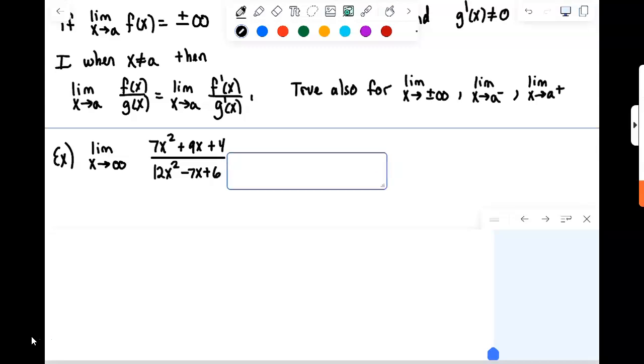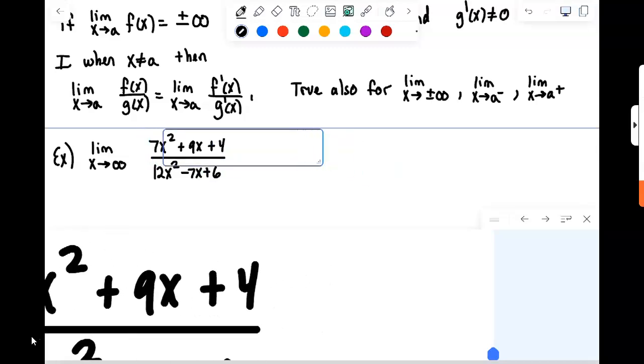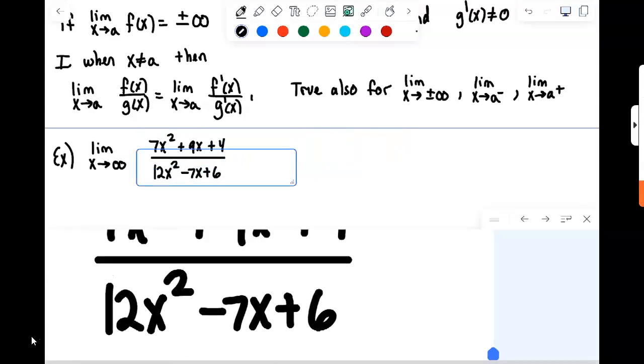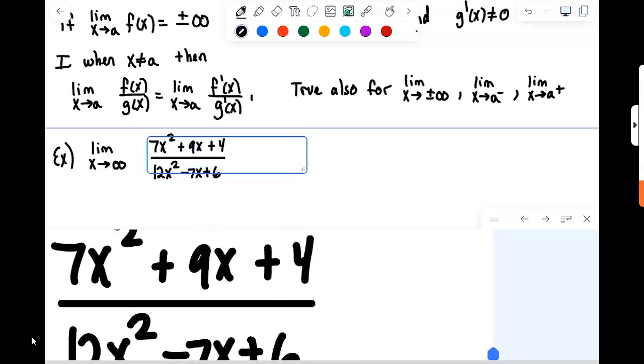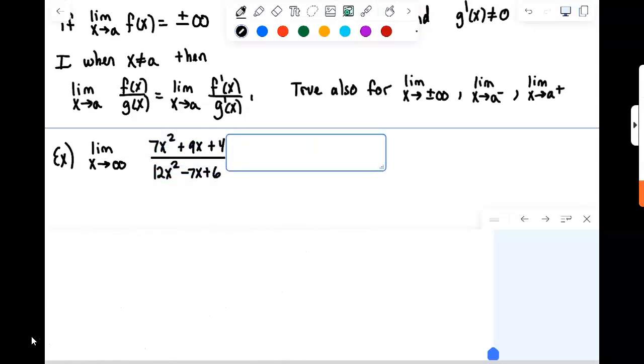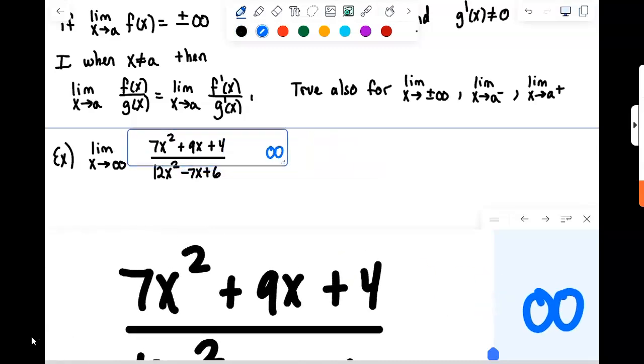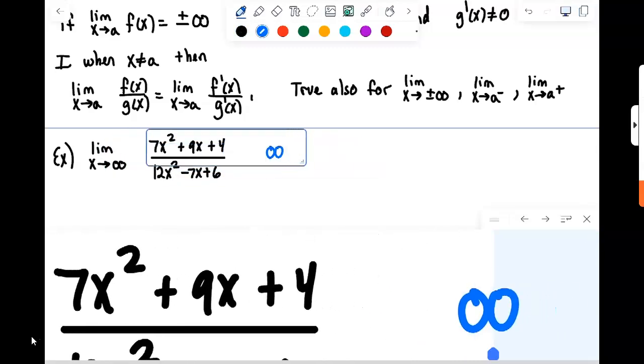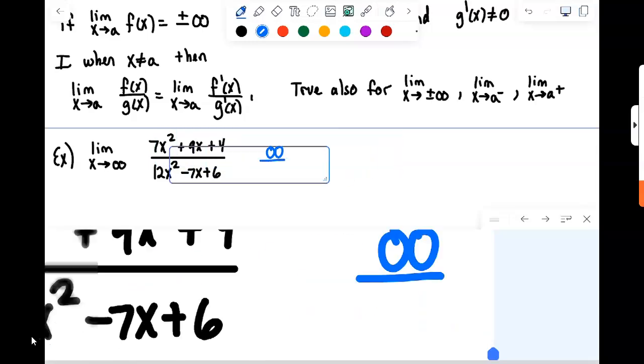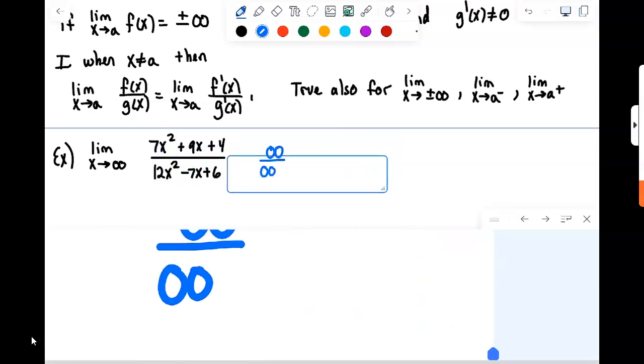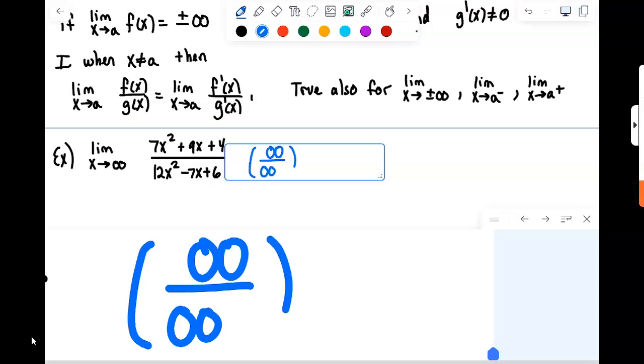Okay, so real quick, the only thing that's going to matter long term is the leading term, the largest power. So the top's approaching infinity. As x goes to infinity, x squared is going to go to infinity. And so is the bottom. So this is an infinity over infinity limit.